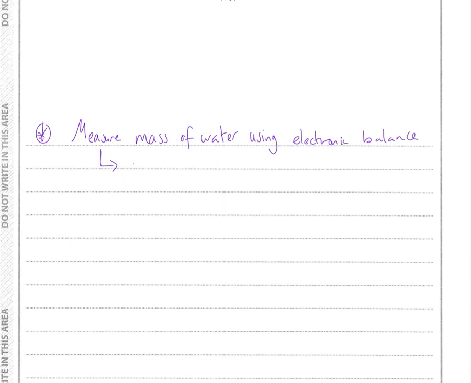Okay, so there's another method which we're going to do. What we do is we measure the mass of the beaker, and then we measure the mass of the beaker plus water, and then we find the difference.